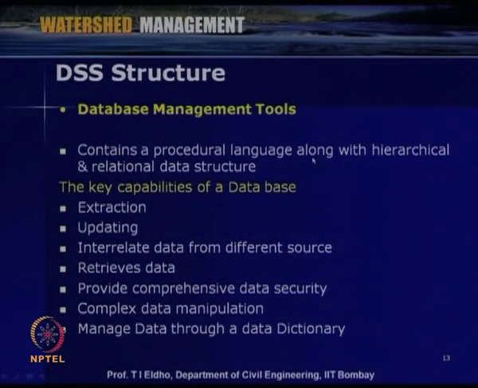Now, as far as the DSS, decision support system, structure is concerned, when we deal with the database management tools, these contain a procedural language along with hierarchical and relational data structures.